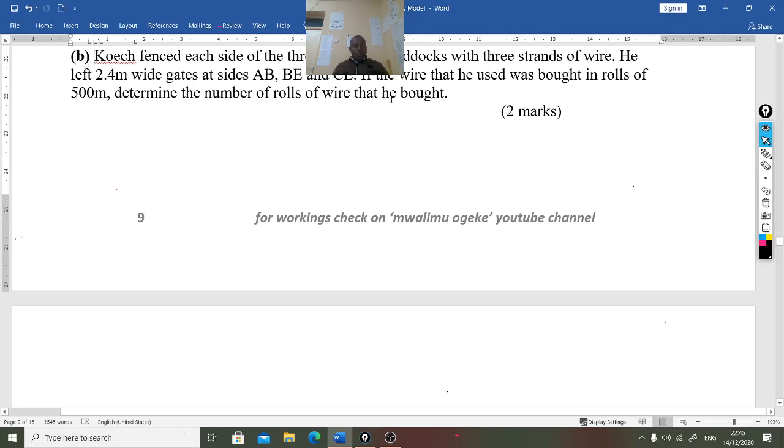882. We found it to be 882 meters. But for us to know the wire we use, there are sides that we do not add. So first of all, you need the required wire.